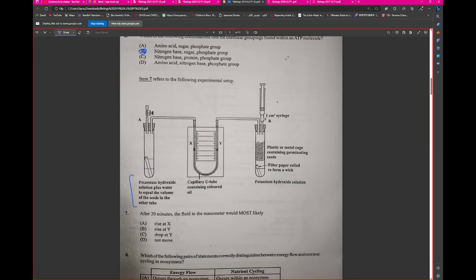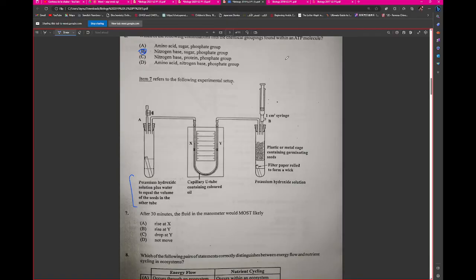Guys, potassium hydroxide is a reagent that we use to absorb carbon dioxide. In respiration tests, it's often used to absorb carbon dioxide to determine whether or not carbon dioxide is needed for respiration. We saw those a lot of times.